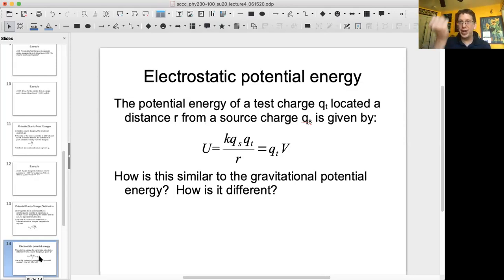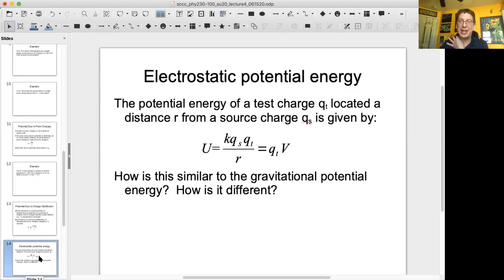If you were to move an electron away from a positive charge that's attracting it, it's gaining potential energy. And if you let it go, when it moves towards that positive charge, it's going to lose potential energy. Just like if you let an object that you're holding in the air drop, it's going to lose potential energy as it falls, and gain kinetic energy as well. So there are some parallels and there are some differences.